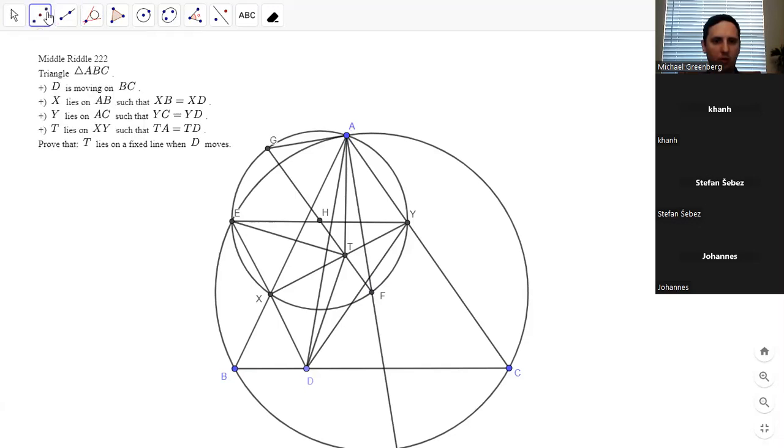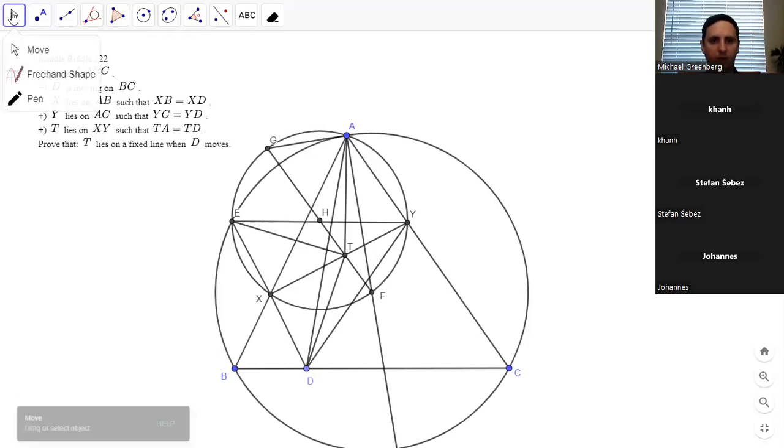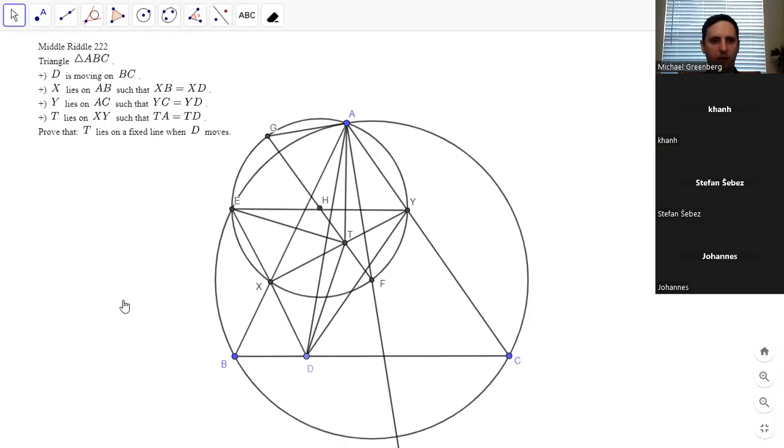But you could intersect this with the circle. It is not that important, actually, to intersect both.